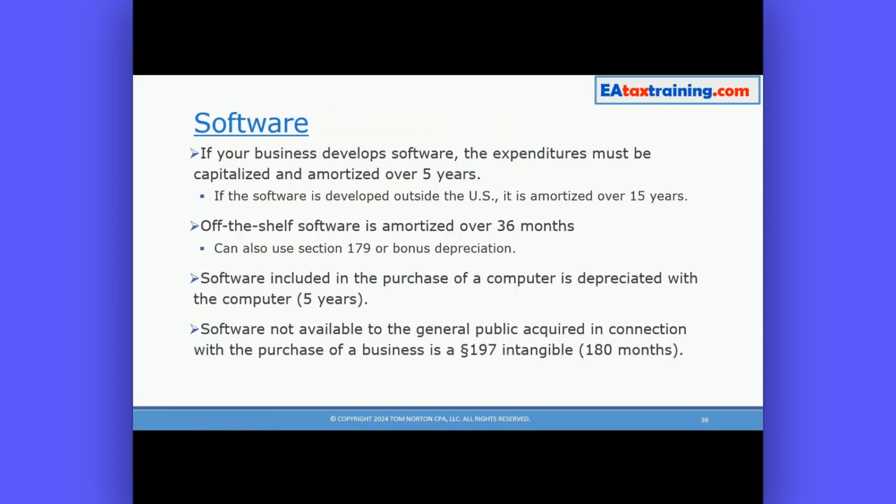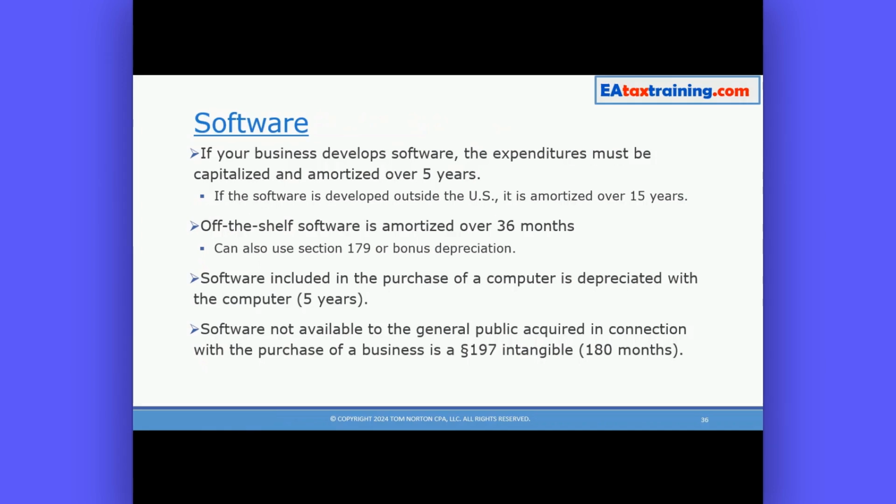Let's talk specifically about software. If your business develops software, so you've got coders and they're developing software and apps, etc., those expenditures must be capitalized and amortized over 5 years. So instead of getting to deduct all of the salary that you paid to those software coders and developers, you have to actually capitalize part or all, depending on what they're working on, of those expenditures.